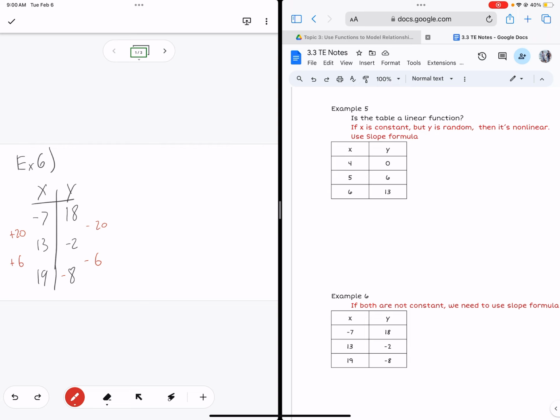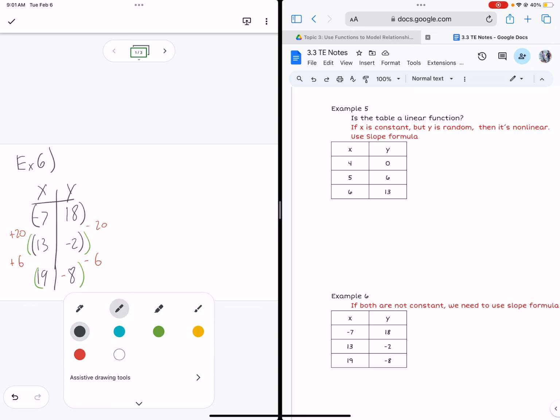When they both don't have a pattern, there is no cheat sheet. You have to do the slope formula twice. You have to find the slope using the top 2 points, and then find the slope using the bottom 2 points.